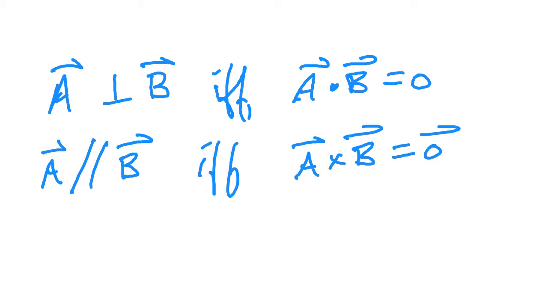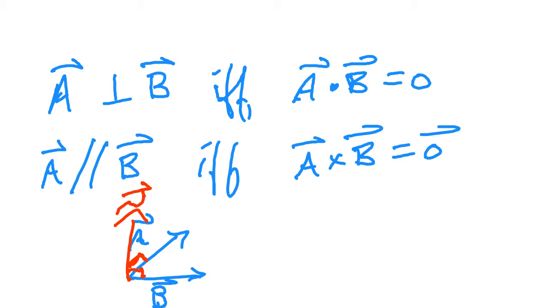So if the cross product is 0, now remember, if I just have a vector and b vector, what does the cross product do? The cross product gives you a perpendicular vector to both of these, so it gives you a vector that's going to be normal to both of those.